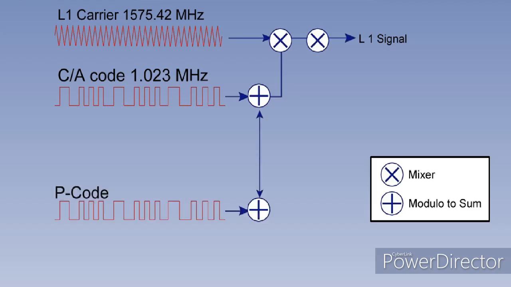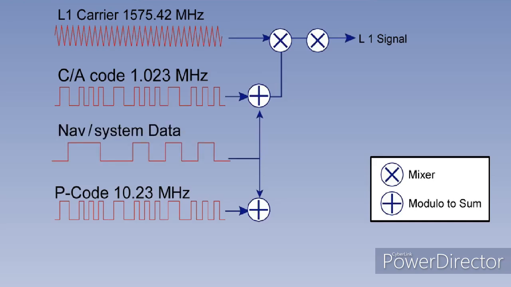The precision, P code, repeated every 7 days, with a modulation of 10.23 MHz. And the navigation and system data message, with a modulation of 50 Hz.